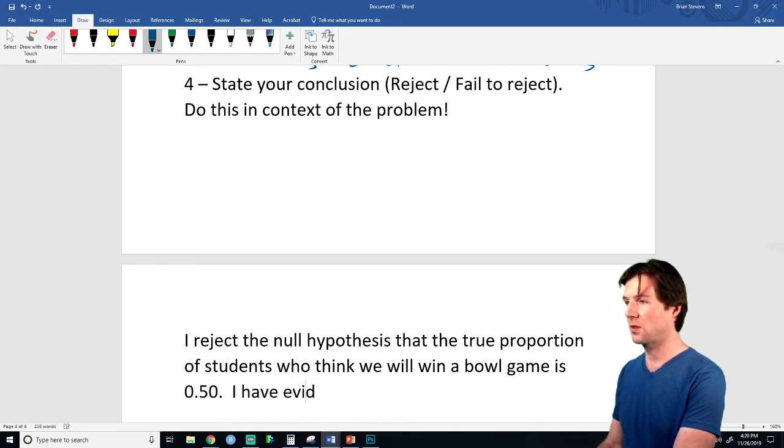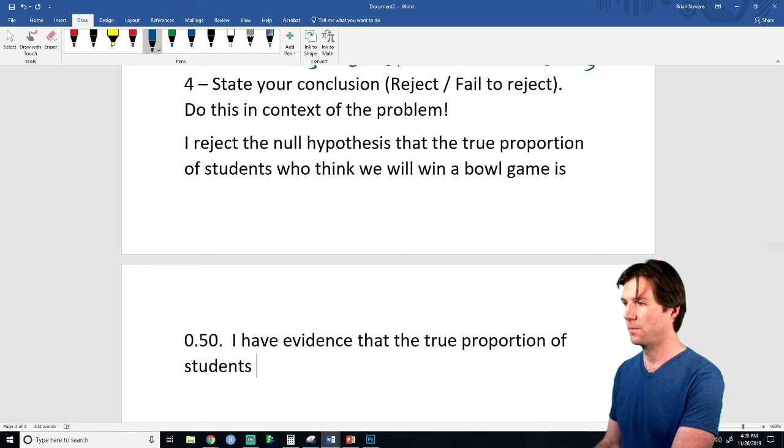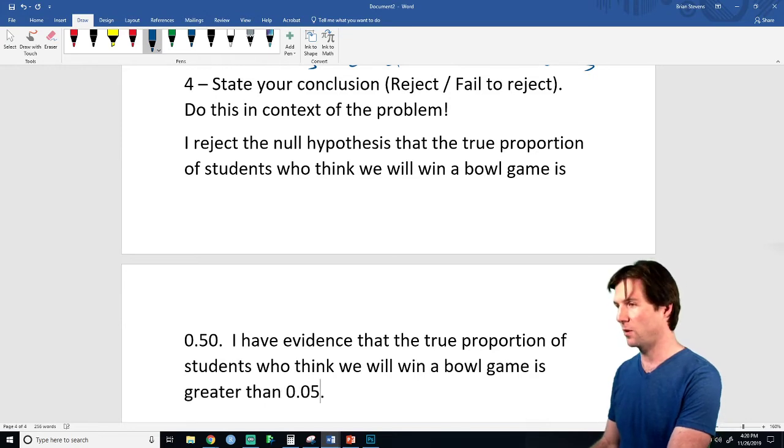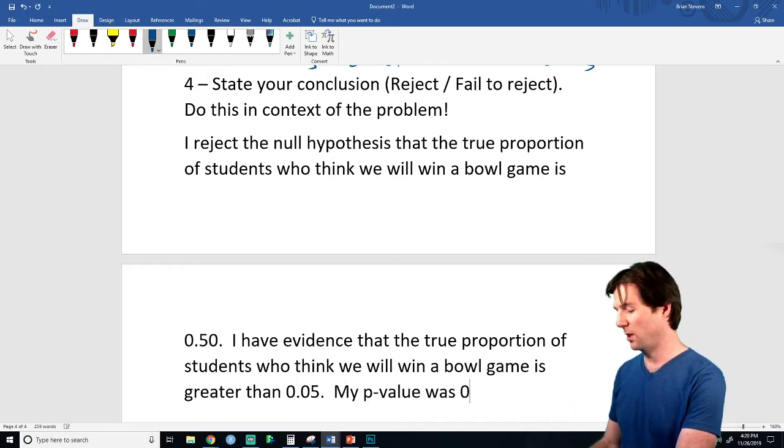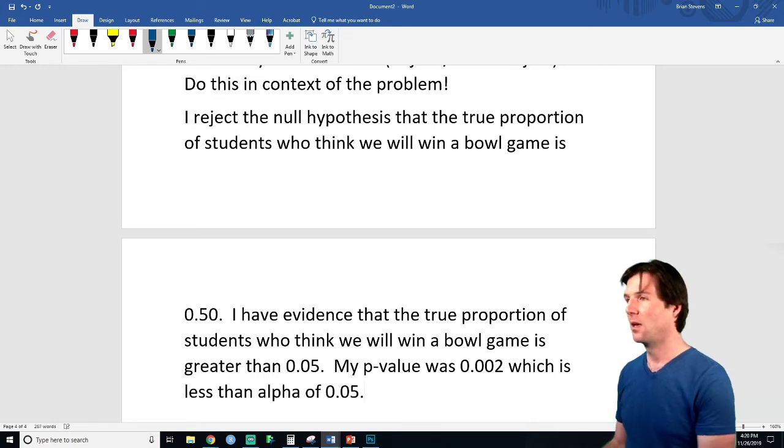I have evidence that the true proportion of students who think we will win a bowl game is greater than 0.50. If you want to be specific, you could say my p-value is this. My p-value was 0.002, which is less than alpha of 0.05.